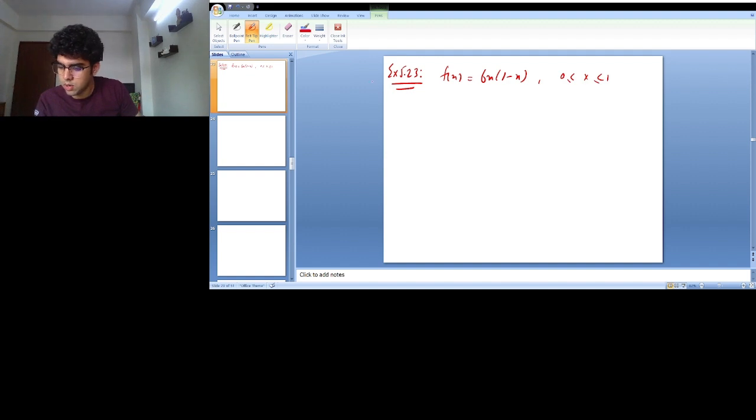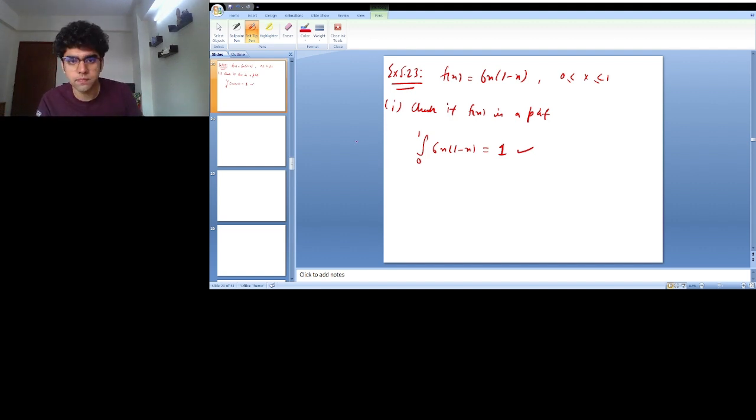First of all we need to check if f(x) is a PDF. So let's find it: the integral from 0 to 1 of 6x(1 minus x), and if this is equal to 1, then we can say that this is a valid PDF.